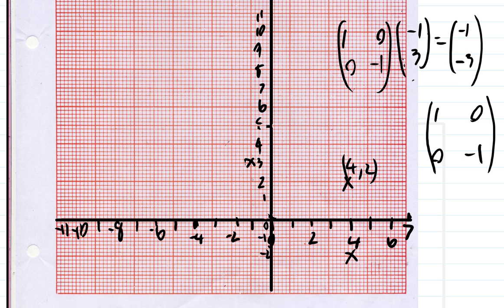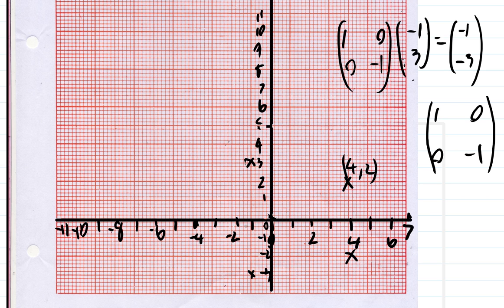So negative 1, 3 goes to negative 1, negative 3. Based on what is happening, it is a reflection in the x-axis.